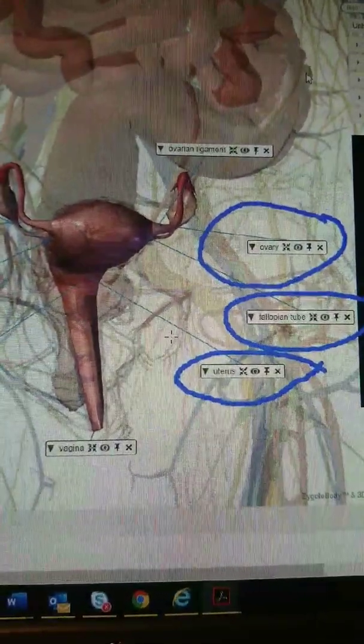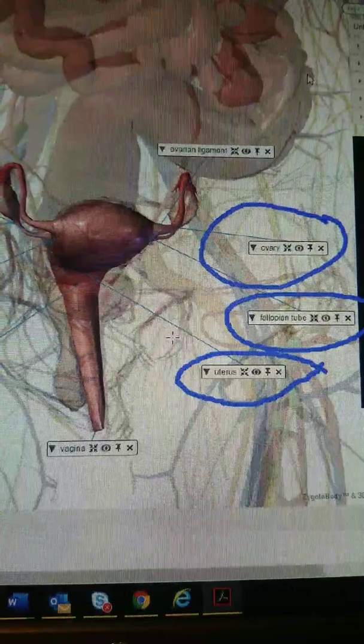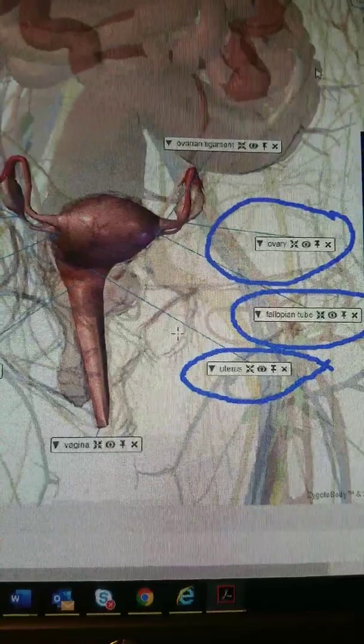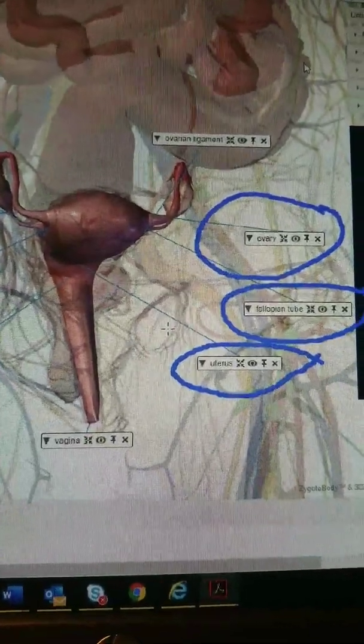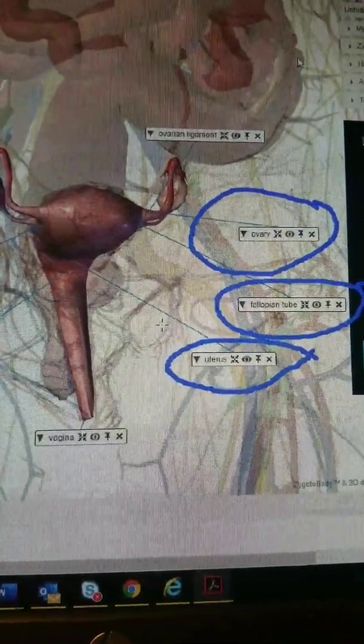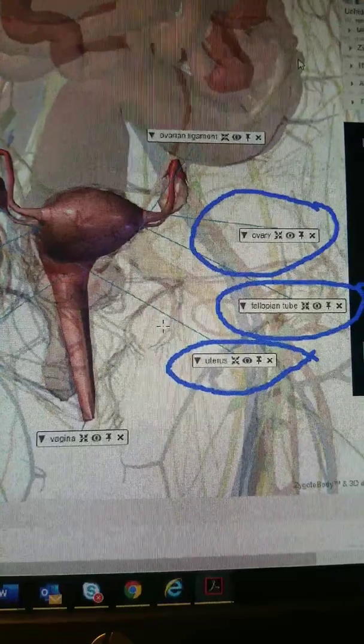The fold of the peritoneum that drapes over the ovary and ligaments is called the broad ligament. This tethering system of ligaments allows the ovaries to move in the pelvis and yet retain a reasonable relationship to the ducts of the female reproductive tract.